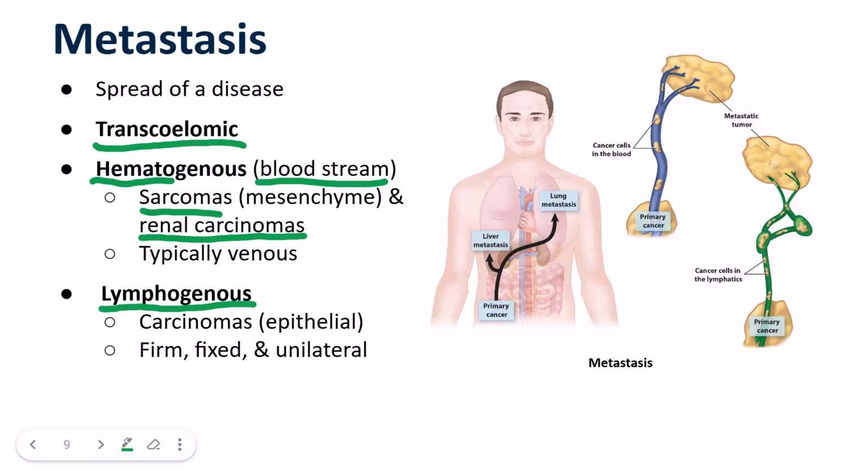This is typically the case for carcinomas, which are derivatives of epithelial tissues. And generally the hallmark here is that the lymph node is firm and fixed, and it's also unilateral. So it's just on one side of the body, not on both sides. Generally that's the test of palpating something on one side and it feels a little weird or suspicious, and then you palpate the other side and you're thinking, well, as a bilaterally symmetrical organism, things are okay. Whereas that unilateral red flag tends to be a little more concerning for people and their physicians.